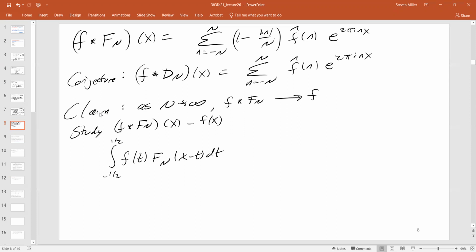And now we want to subtract off f of x. Does anybody know how to write f of x as an integral? You could write it as the integral of its derivative.